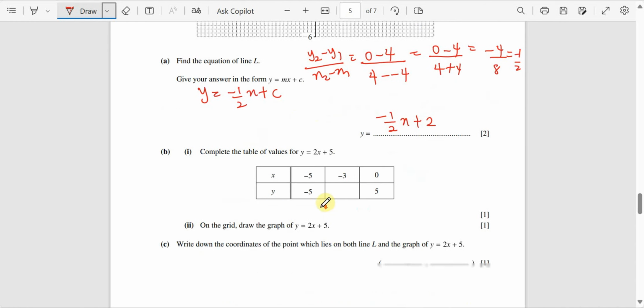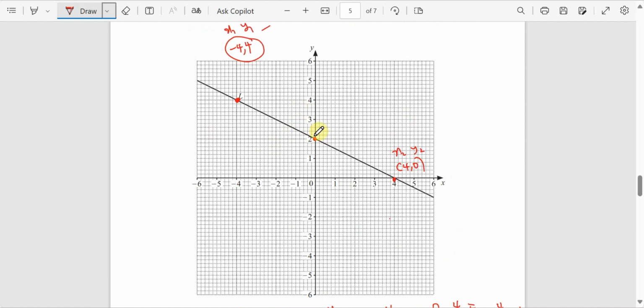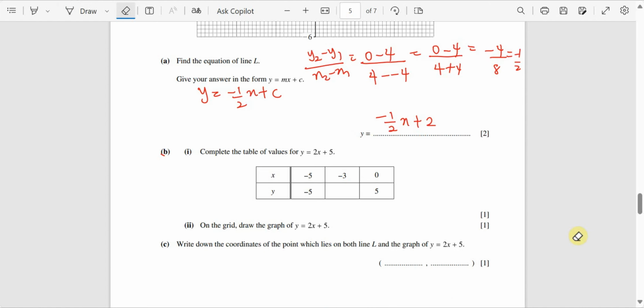And that's the answer. If it is quite difficult to read this point, let's assume the point is not really that distinct that you could read the value easily, you can substitute the values of x and y into this equation, then you find your c.